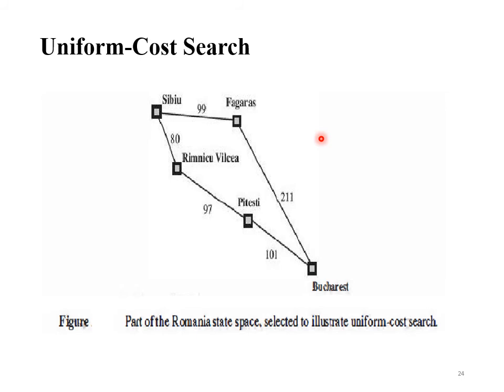This is the example of uniform cost search. Sibiu is the starting node and Bucharest is the goal node.